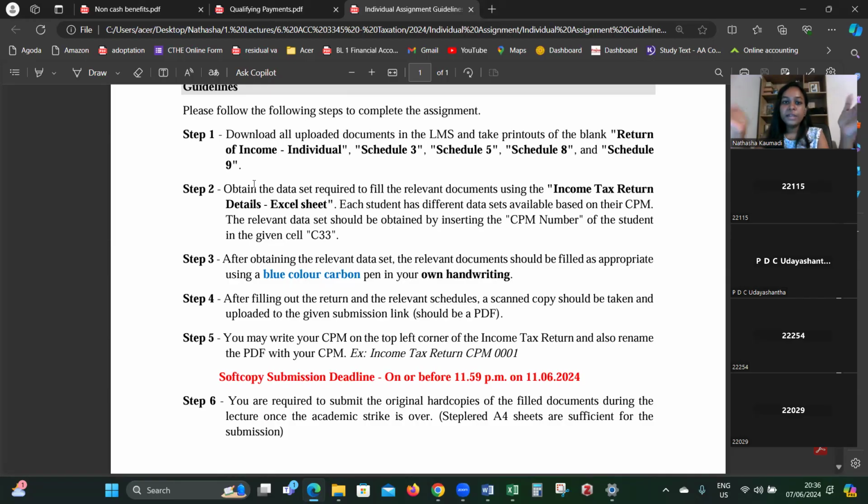Individually, each student has a separate data set. One person gets a different data set, which is why you need to do it individually. You can obtain your data set by inserting the CPM number. I'll show it.